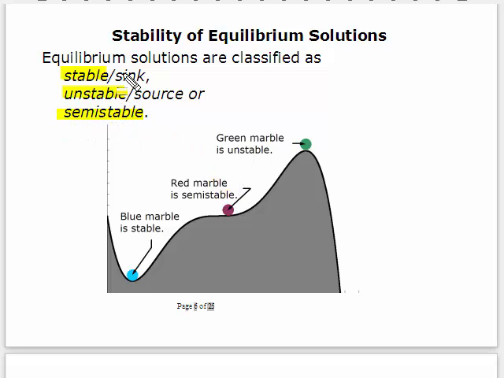There's another name for the stable, and it's called the sink, and the unstable is also called a source. Unfortunately, for those of us who are glancers rather than careful readers, there's a lot of S's here, so you have to kind of move over to the second letter. I tend to just use the word stable, unstable, semi-stable, and then add sink and source in later.